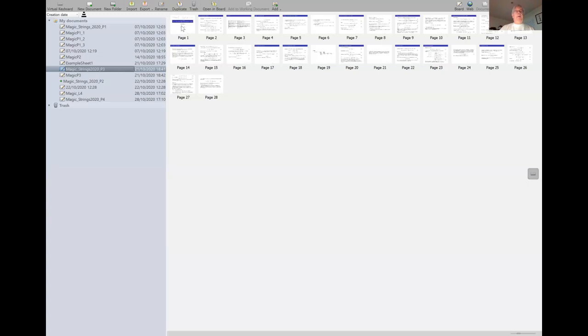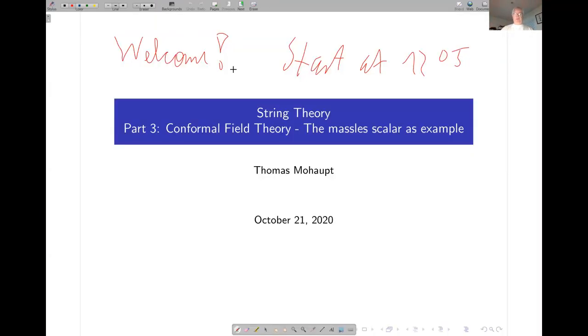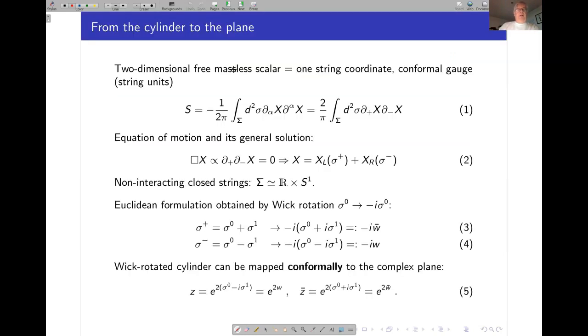So let's go back to where we left off and just go quickly again over the slides that we have already looked at last time. Our idea is to get an idea about conformal field theory.